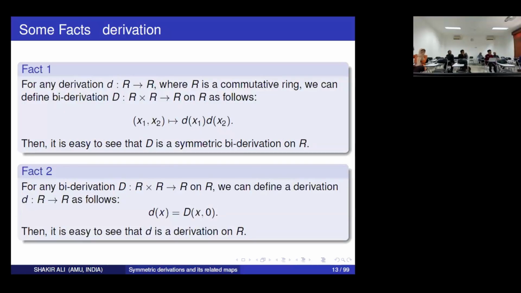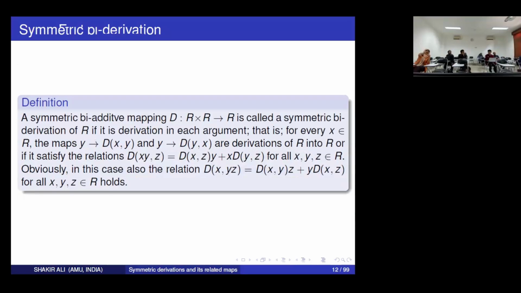So look at this, it is interesting. For every x in R, the map y to D(x, y) is a derivation. This maps x to D(x, y), because first we fix x, the first component, and then the second component y.